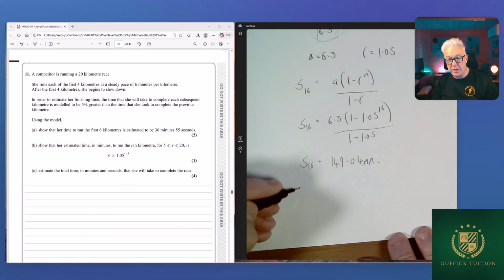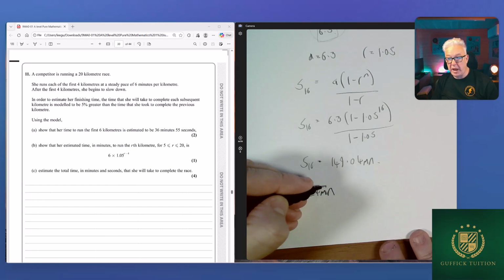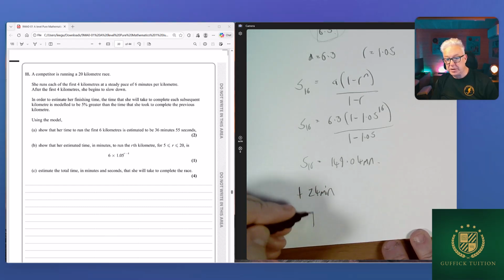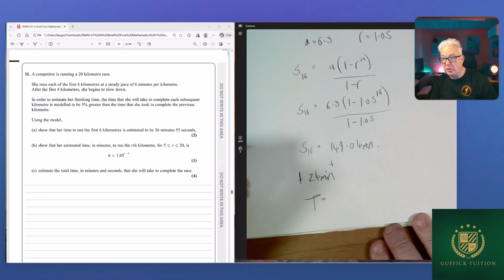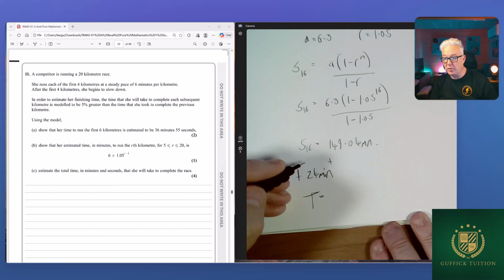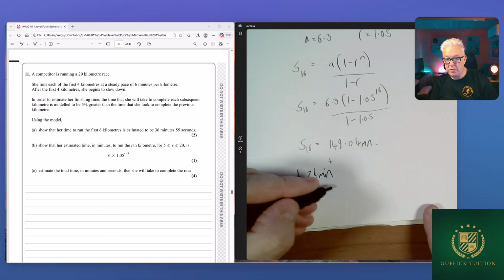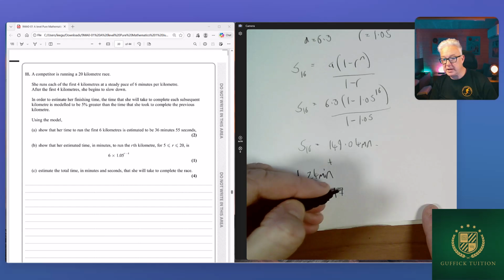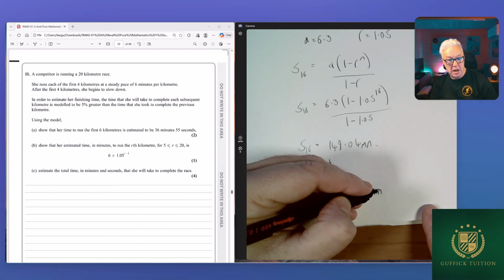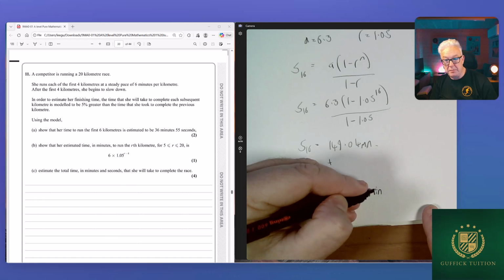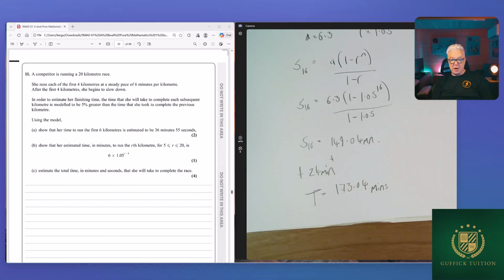Don't forget that we need to add on 24 minutes for the first 4K. So the total time for running the race is 24 add 149.04, which is 173.04 minutes. But it says give the time in minutes and seconds, and it'd be such a shame to lose a mark there.